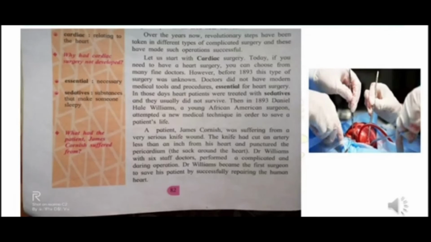Then in 1893, a person named Daniel Hale Williams, a young African-American surgeon, attempted a new medical technique in order to save a patient's life. All that I was talking about earlier happened before 1893, when there were no medical tools and procedures.